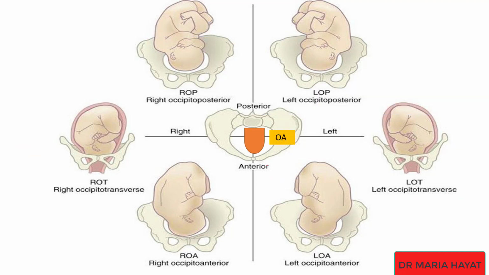So in a nutshell, occipito-anterior or direct occipito-anterior, right occipito-anterior, and left occipito-anterior are the normal fetal positions, while occipito-posterior, left occipito-posterior, right occipito-posterior, right occipito-transverse, and left occipito-transverse are all malpositions.